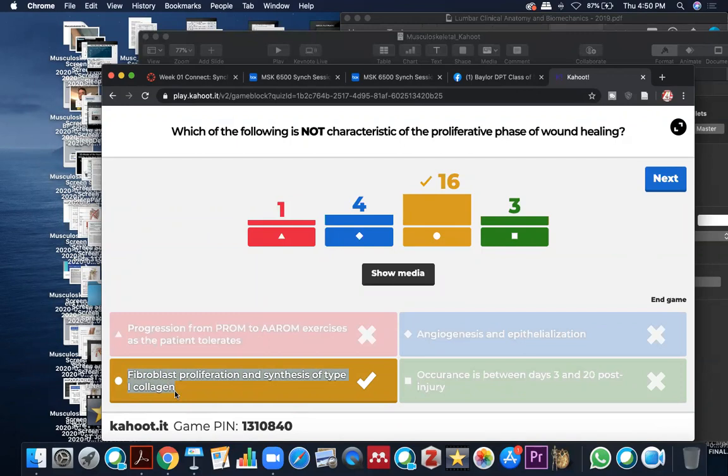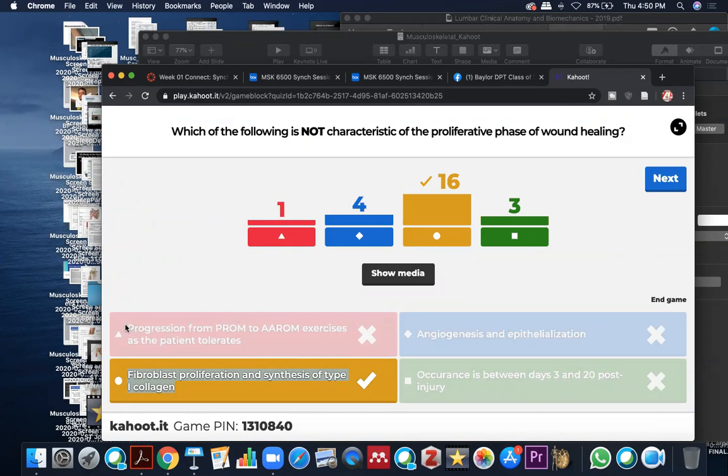Yeah, some people said type 3 collagen. So that's just something minor like that. But again, he did say to definitely have these down pat for all the phases.